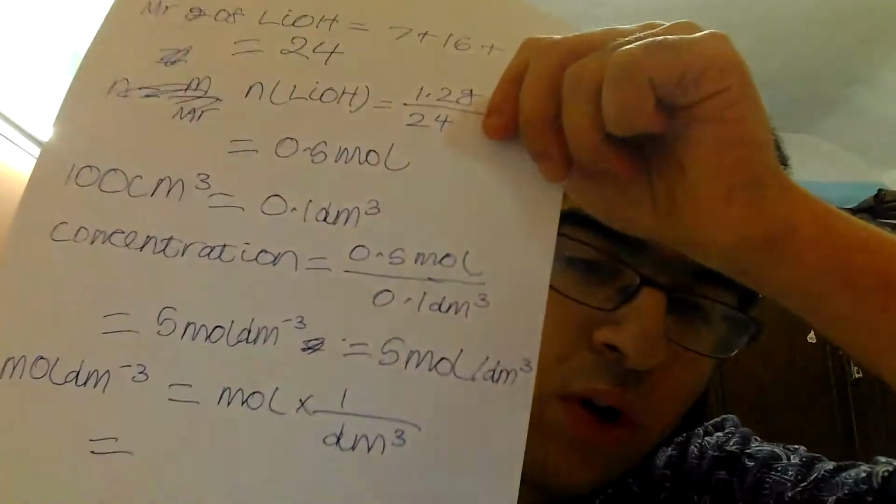If you want to know why mole dm to the minus 3, by the way, dm to the minus 3 can be written as moles times 1 over dm cubed. So we just do moles times 1 over dm cubed, not dm cubed to the 3.